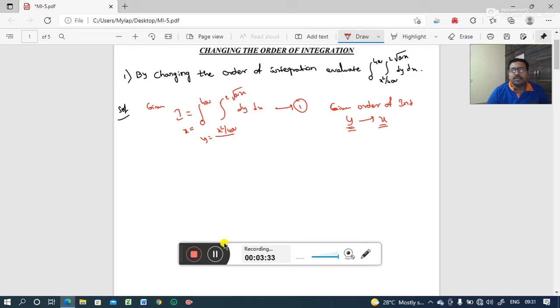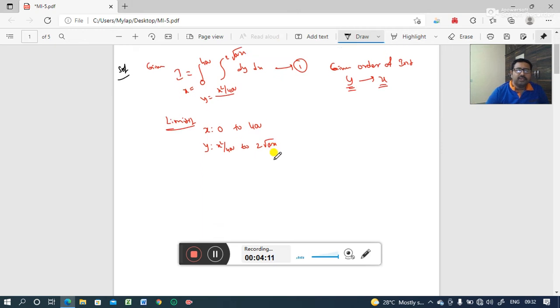So let us try to draw its corresponding diagram. First of all you identify the curves. Here the limits of x are 0 to 4a, and the limits of y are x square by 4a to 2 into square root of ax. Now we need to identify the diagram.